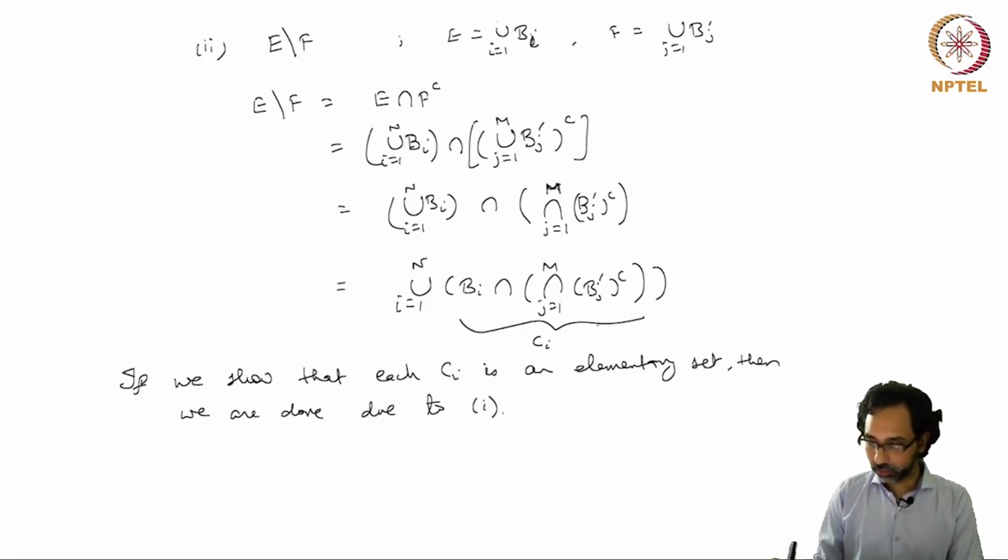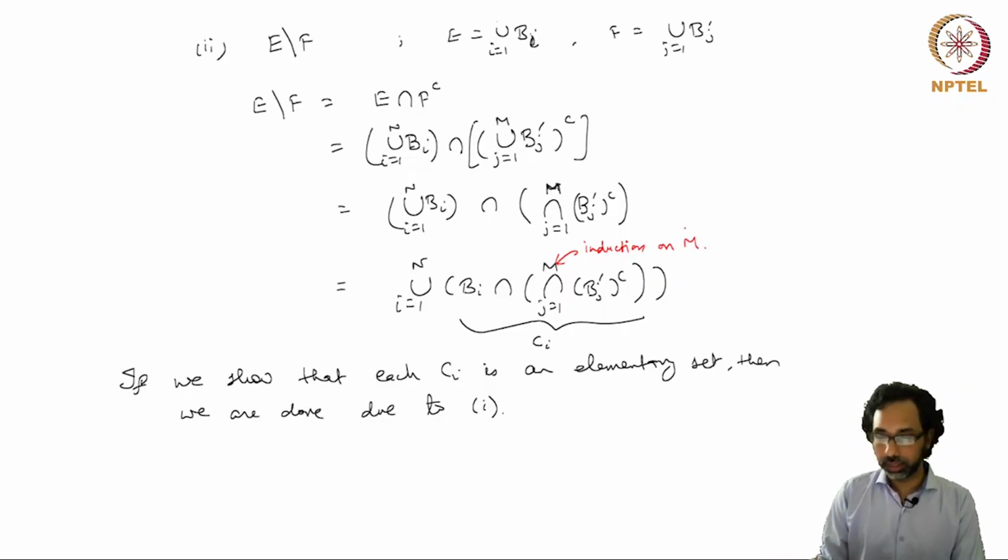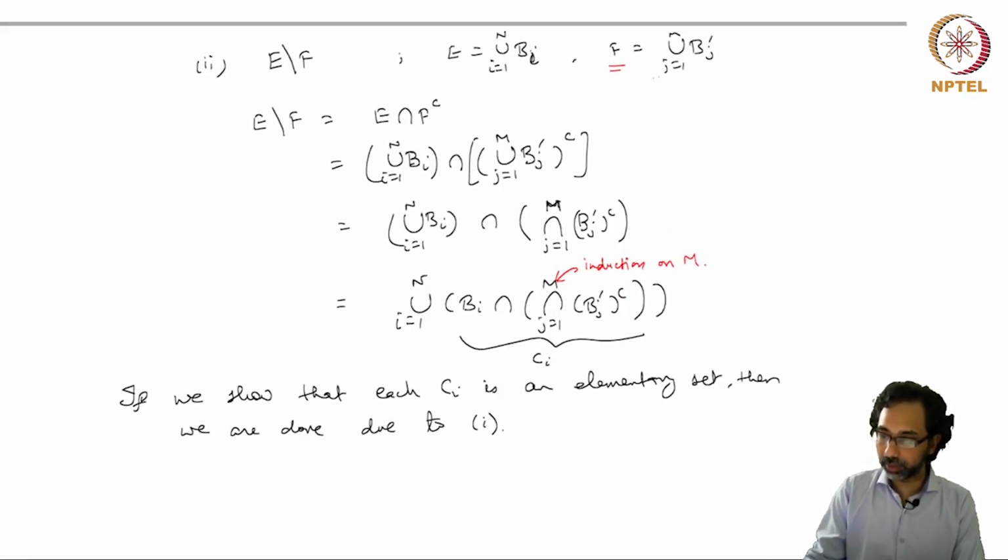So now let's try to show that each of these Ci's are elementary, and we will do an induction on the number of boxes that are used to define F, the elementary set F. Here we have defined F as the union of Bj primes over m sets Bj prime.